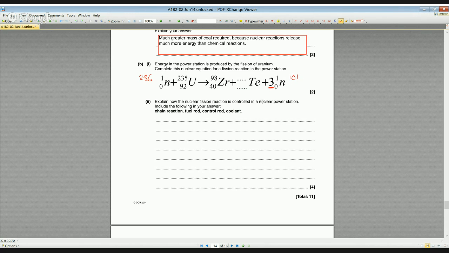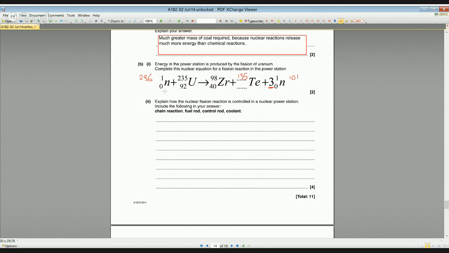So we need a number here that will make up to 236. So by adding 135, it now adds up. So 1 plus 235 is 236. 98 plus 135 plus 3, because there are 3 lots of this neutron, will give us 236. So the mass number adds up.